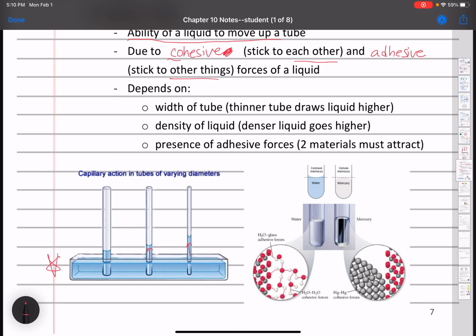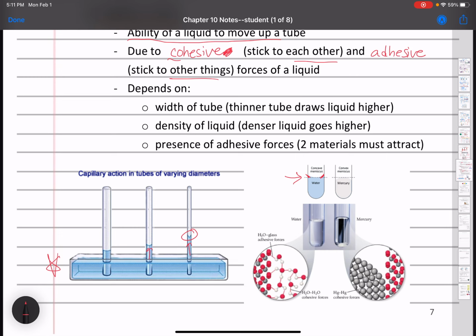And water also forms a meniscus that is a concave shape, because the water on the side is basically hugging the glass. Water is attracted to the glass, so the water up against the wall of the glass actually climbs up a little bit. And so you get that concave meniscus shape. That's the adhesive forces at work.